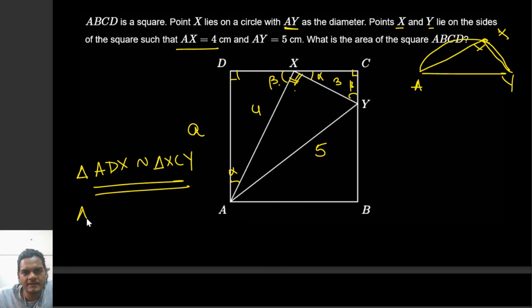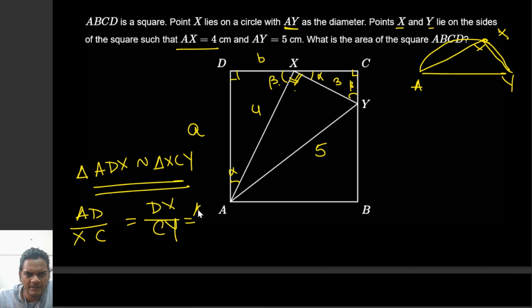So that would mean that AD by XC is equal to DX by CY is equal to AX by XY, and let's say DX is B. And AX by XY we know is 4 by 3. So we know each of these actually.